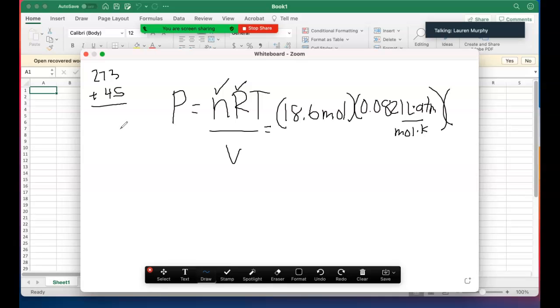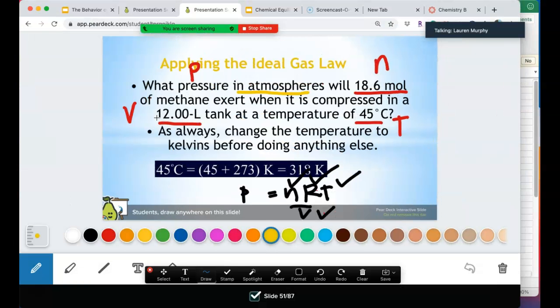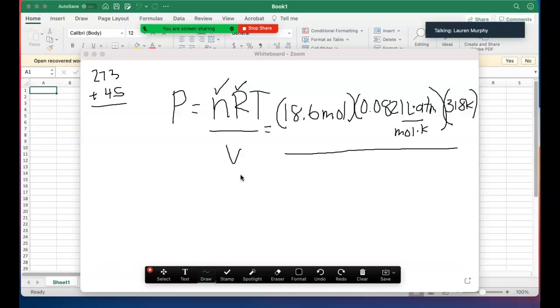So 273 plus 45 is 318 Kelvin. And nRT divided by volume. You guys have the volume? Sorry. The volume was 12.00 liters.